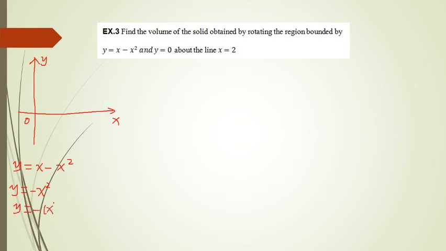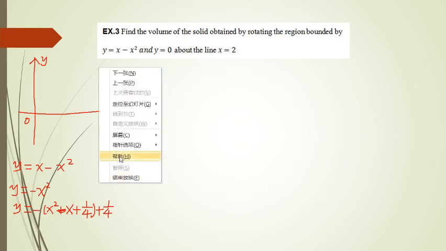And then you can get minus x squared plus x, which is minus (x minus 1/2) squared plus 1/4, right? Sorry, here should be minus.